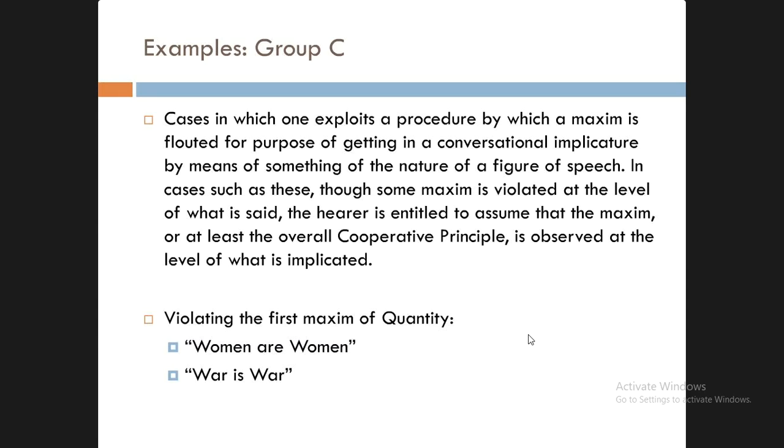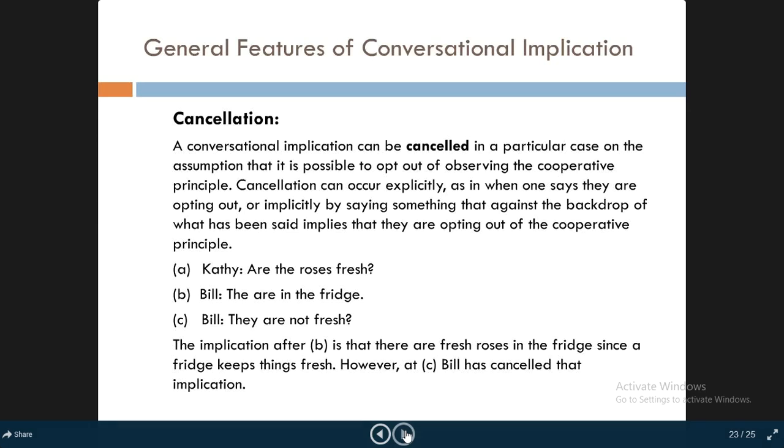In cases such as this, though some maxim is violated at the level of what is said, the hearer is entitled to assume that the maxim, or at least the overall cooperative principle, is observed at the level of what is implicated. For example, violating the first maxim of quantity: "Women are women. War is war." It is violating the maxim of quantity because it is repeating the term to be defined.